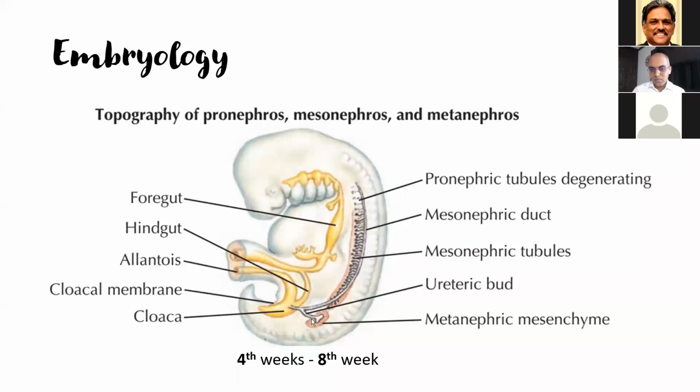This is called the metanephros, which is ultimately the final product, or the adult version of the kidney. From the metanephric mesenchyme, we develop the nephrons, and from the ureteric bud, we develop the ureter and the pelvicalyceal system. This is the embryology of the upper tract simplified.